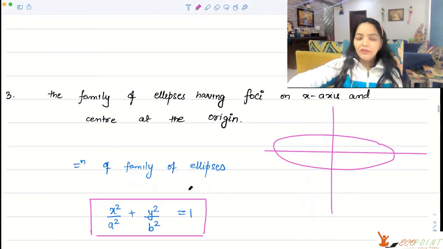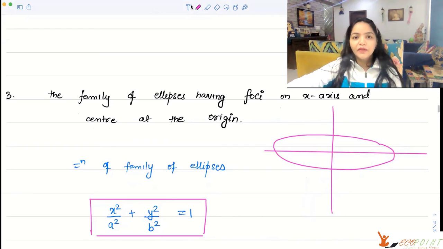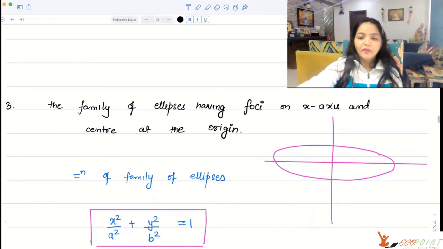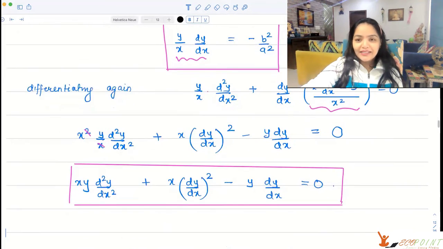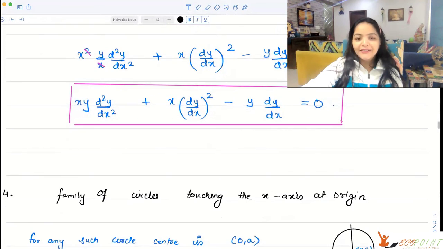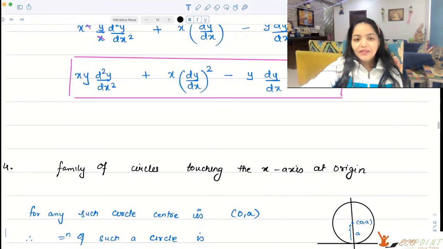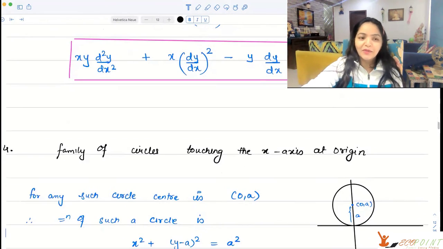And that is why we have a and b out here in the picture like this. I think in the next example, I've taken circles, and in one of the examples, I have taken actually parabolas as well. That's why I probably mixed it up.